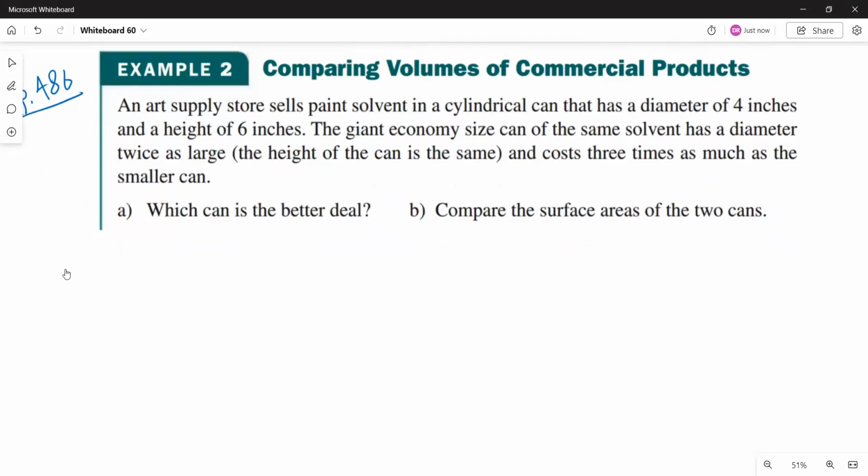Okay, so we have 2 cans. We have the standard size, that has a diameter of 4 inches and a height of 6 inches.